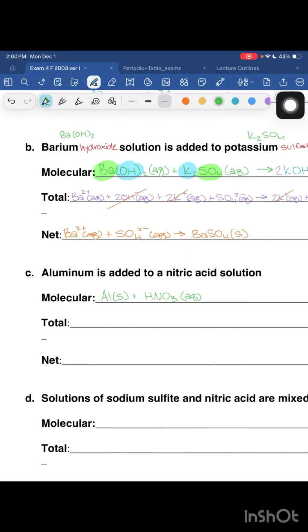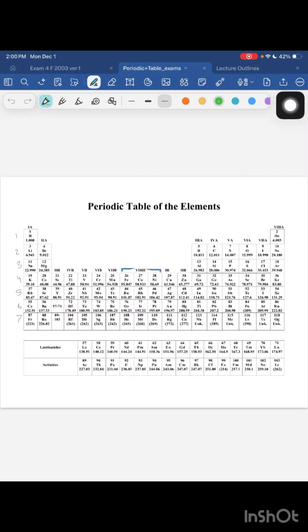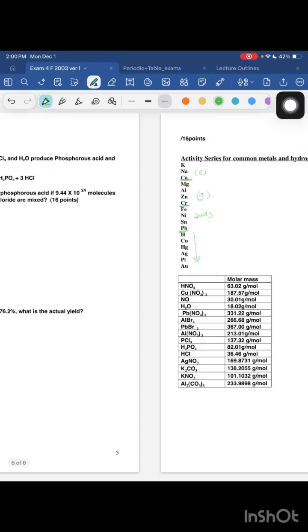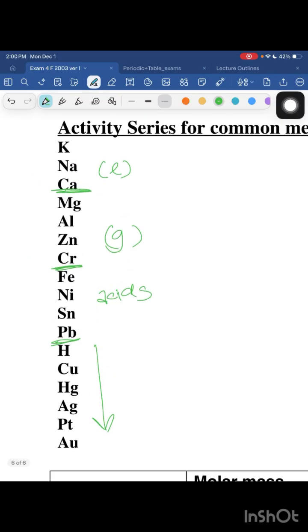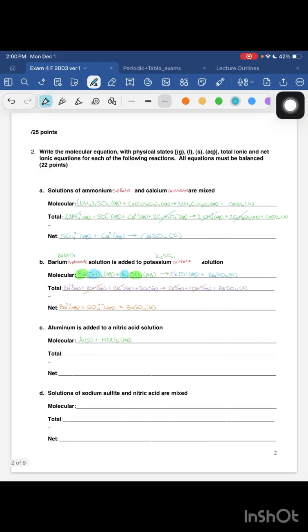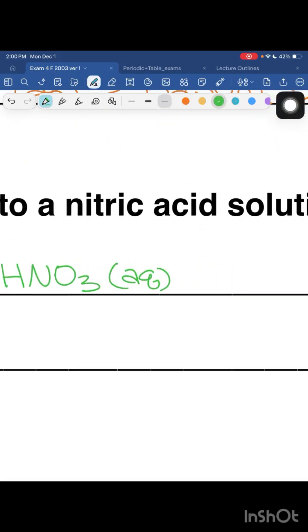Ew, math. Okay. So aluminum plus nitric acid. So let's go back actually, because I forgot what I was doing. Aluminum can react with the gases, the gas water, meaning it can react with acids. So when we go back, since it can do that, we allow this reaction to happen.